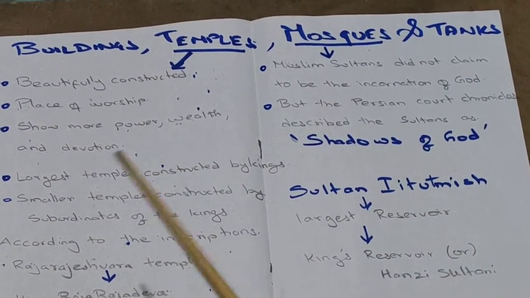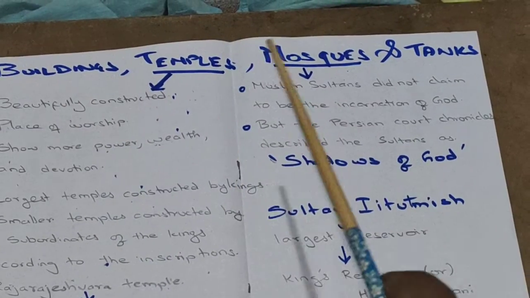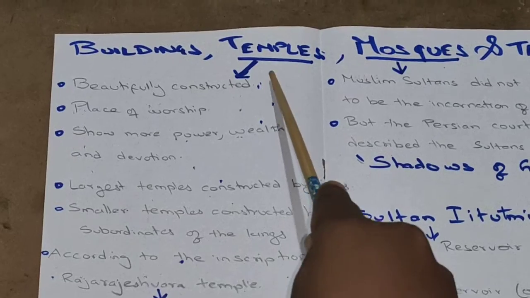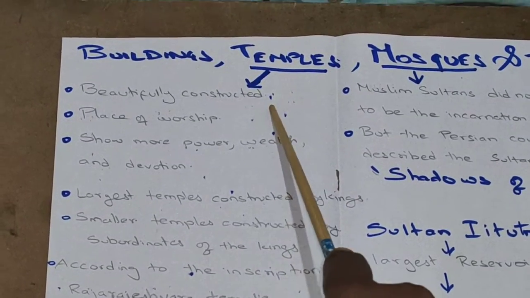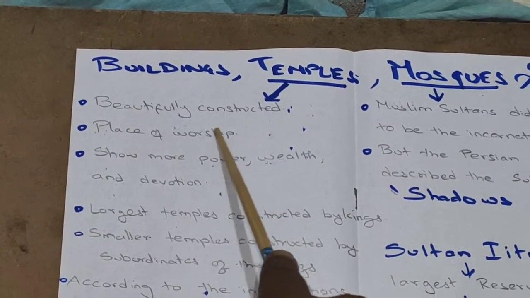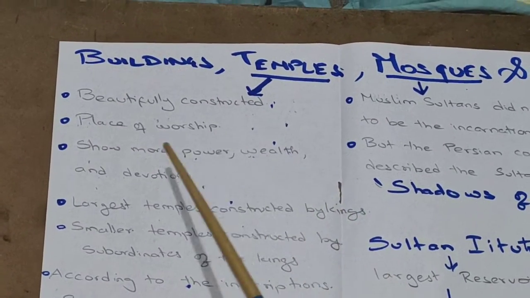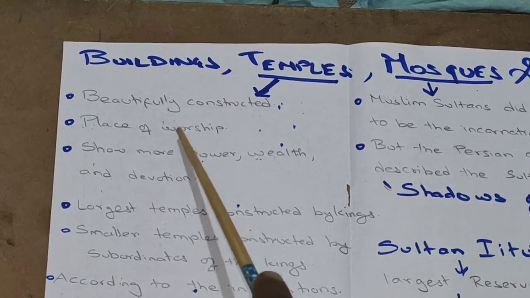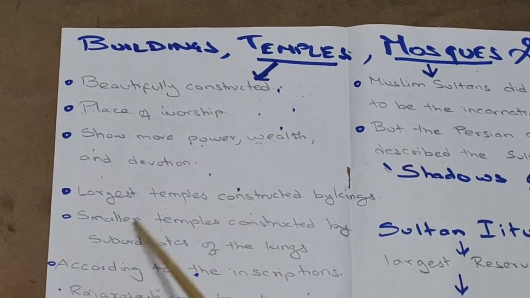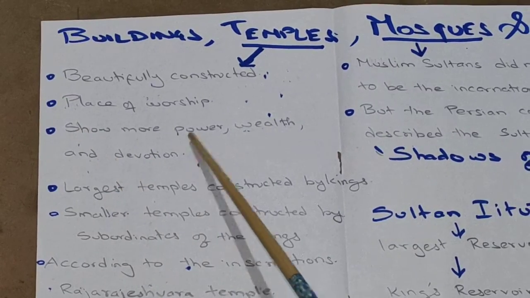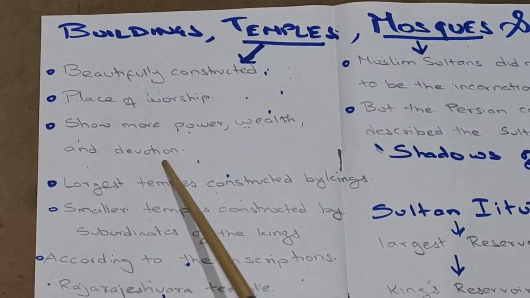Now we are going to see about buildings, temples, mosques and tanks. First we'll start with the construction of temples. The main reason these temples were constructed in a very beautiful pattern is that they were places of worship. The more beautiful and large a temple is, the more it shows their power, wealth and devotion.